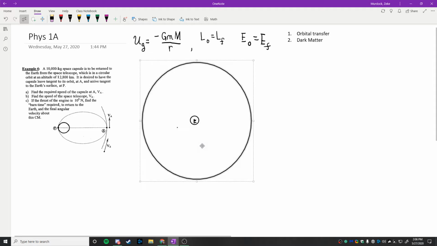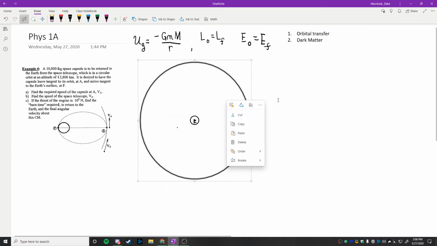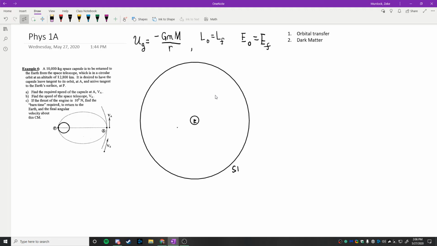So that's the orbit of the Space Telescope. Call it the ST orbit. So it's a circular orbit, and it has this altitude of 12,800 kilometers, and that's going to be above the surface of the Earth.